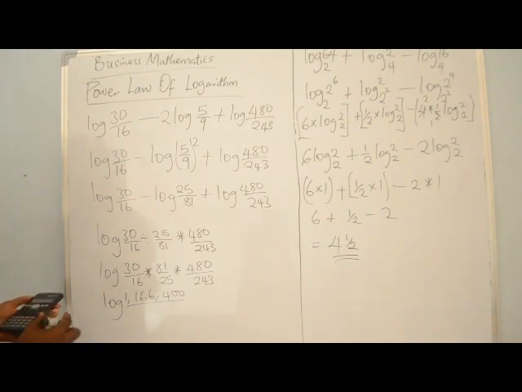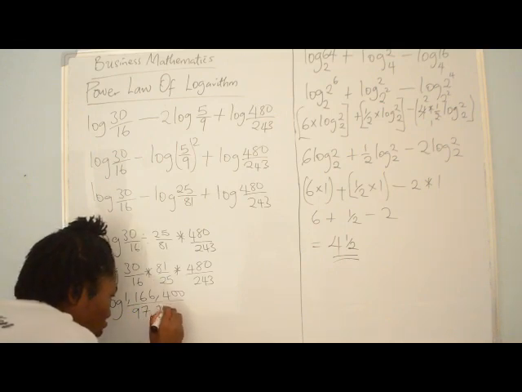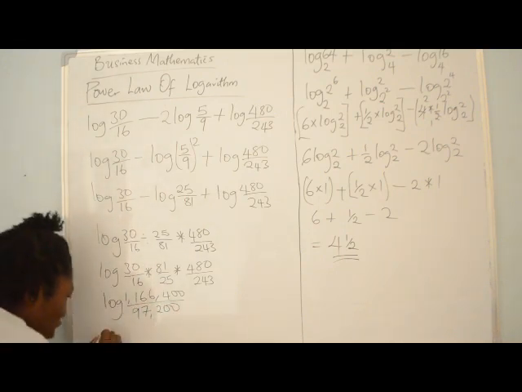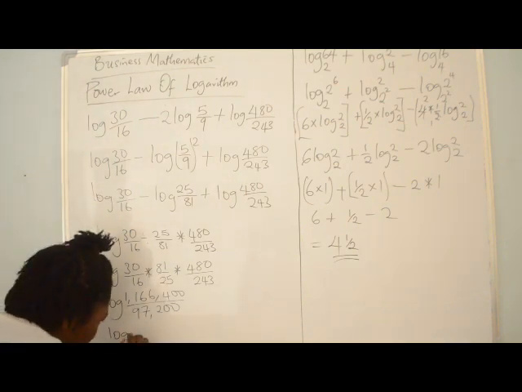Okay, that's going to give us 97,200. So we are going to divide this, okay? So we'll be having 1,166,400 divided by 97,200. Alright, and we are going to be having 12.